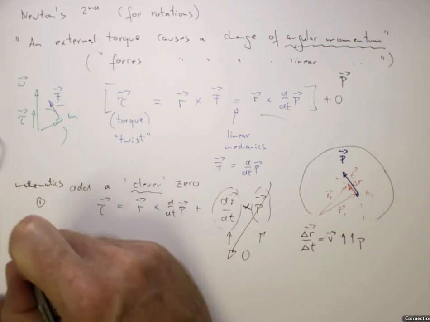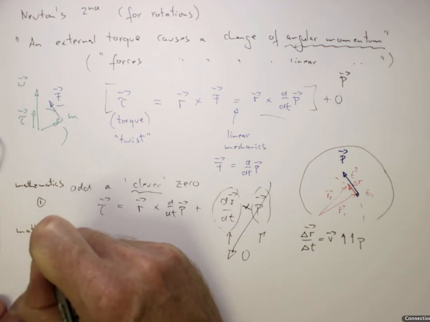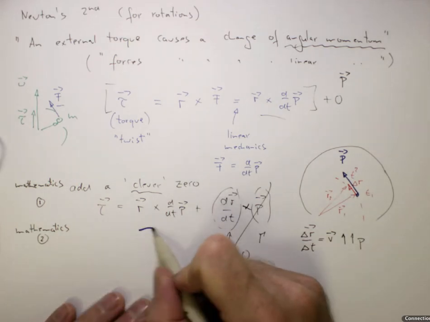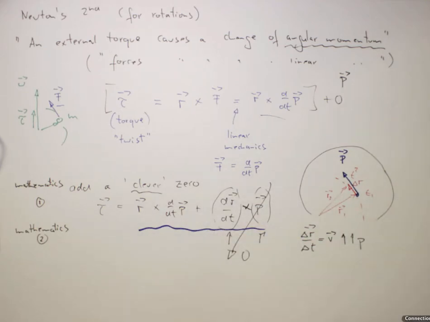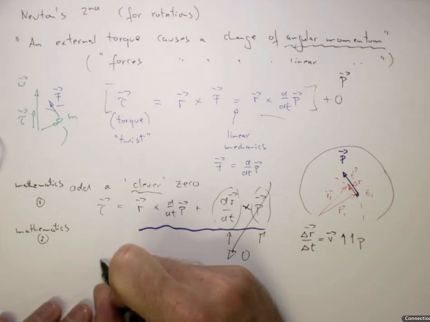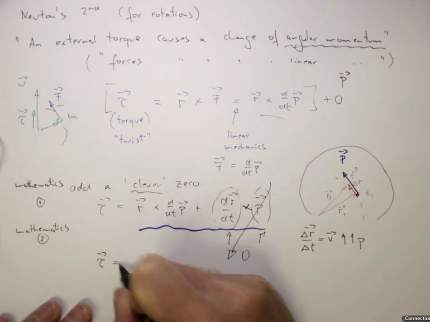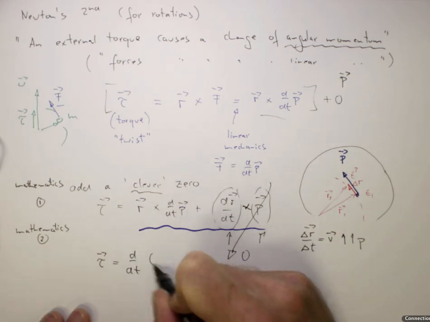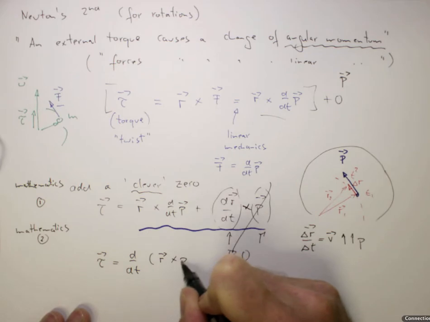But now we do another mathematics argument, because we can see, if we look at that expression on the right hand side carefully, that that is a consequence of the product rule of differentiation. In fact, the torque is equal to the time differential of r cross p.